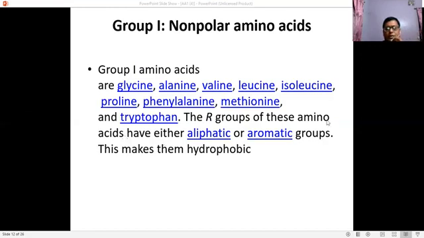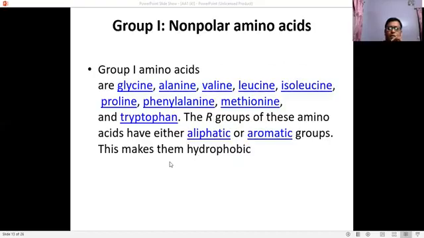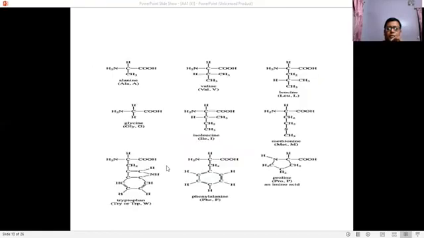The R groups of these amino acids have either aliphatic or aromatic groups. This makes them hydrophobic. These are amino acids of group 1, that is non-polar amino acids.